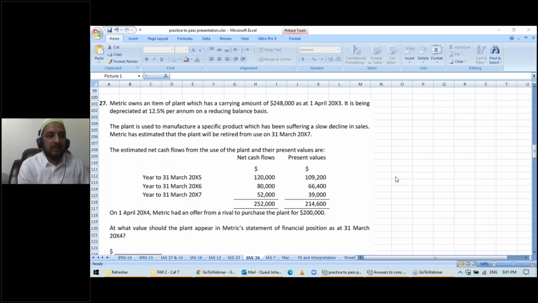So let's start with impairment of assets. We'll be doing question number 27 first in respect of impairment, right? So first, please read question 27 and then we will start. I'm giving you a minute's time to read it. So please read it.